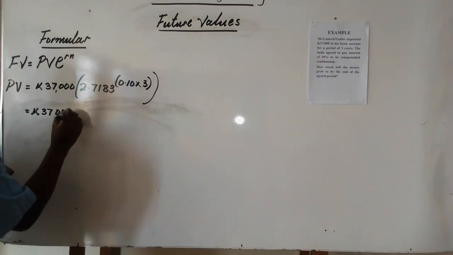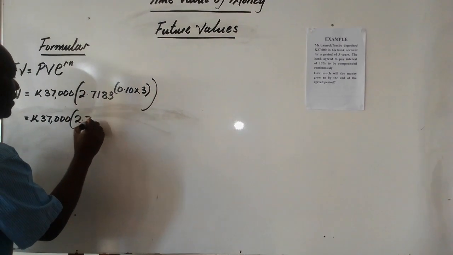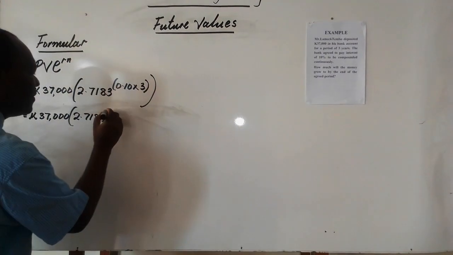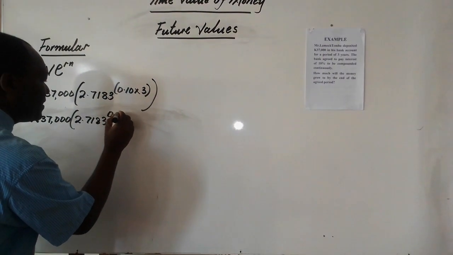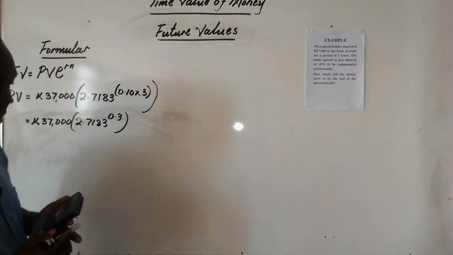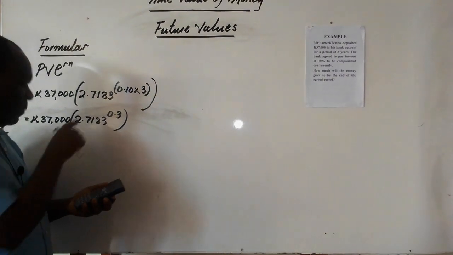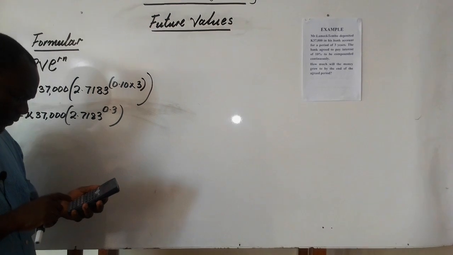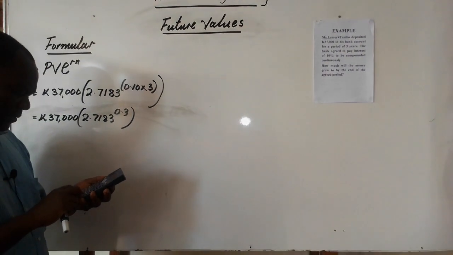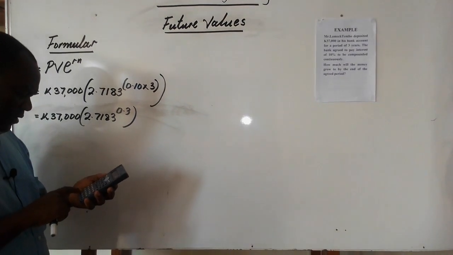So the next step will be like this: 37,000 kwacha, 2.7183, then raised to power 0.3. Allow me now to raise this one to power 0.3. So we have 2.7183 raised to power 0.3.